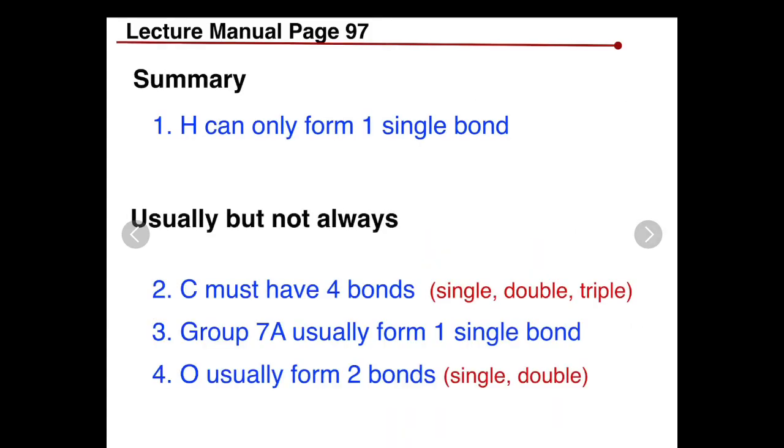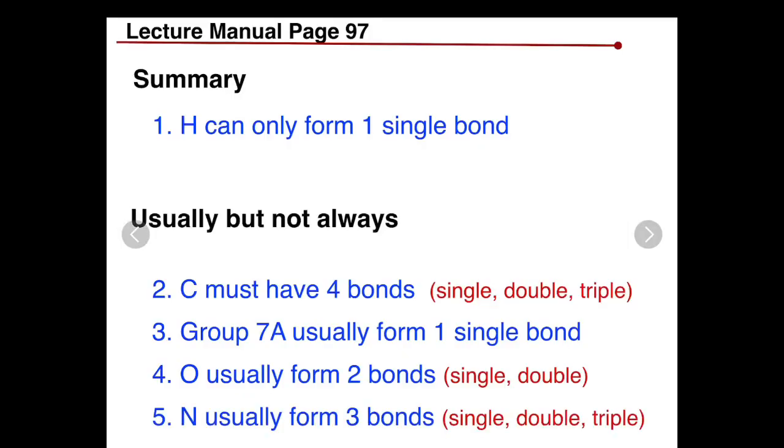Okay, and then when you see oxygen, usually it would form 2 bonds. Okay, so either a single bond or double bond, but it's not always. You're going to see this exception later as well. So this is just the general rule. Oxygen gets 2 bonds, but it's not always true. We're going to take a look at examples of when those exceptions come into play. And the last thing that you might want to jot down is that usually nitrogen would form 3 bonds, and it can be a combination of single, double, or triple bonds.